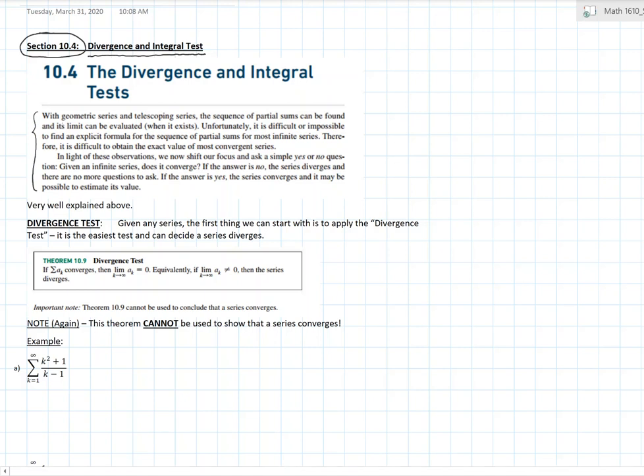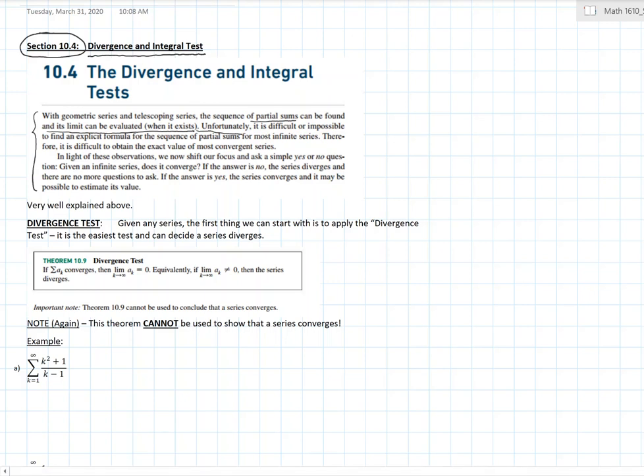It says, with geometric series and telescoping series, the sequence of partial sums can be found, and its limit can be evaluated when it exists. So we saw that earlier with the first example, and then in the case of telescoping series, we were lucky enough to be able to find Sn.